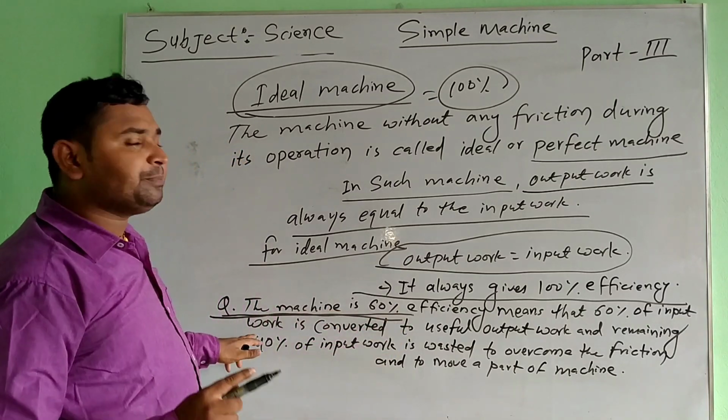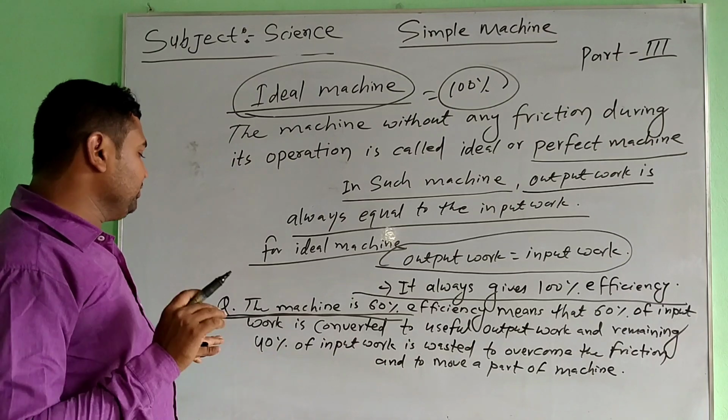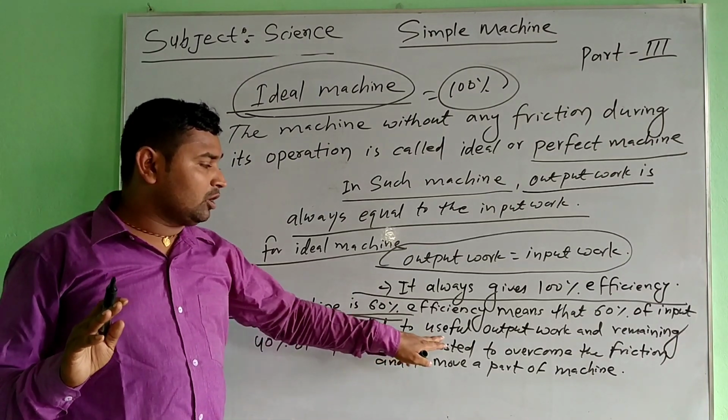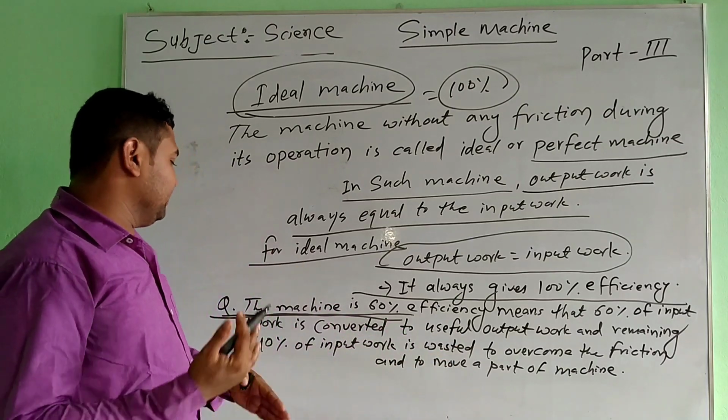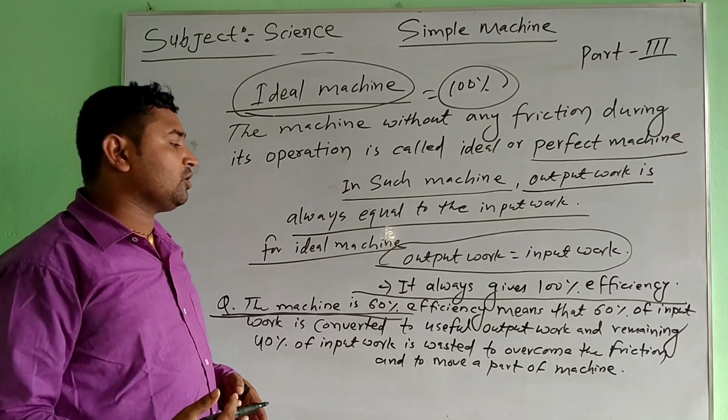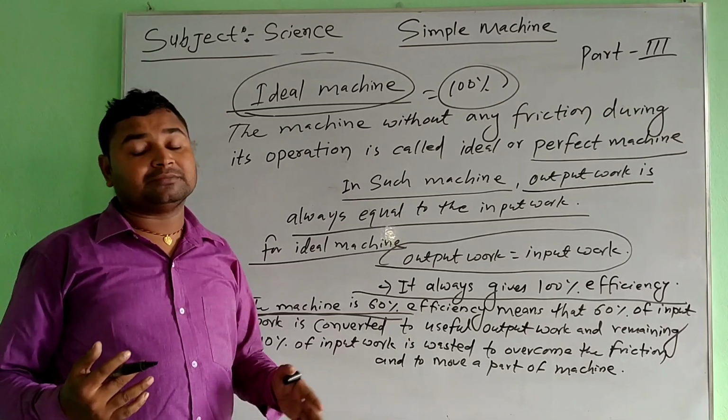It means that 60% of the input work is converted into useful output work, and the remaining 40% of input work is wasted in overcoming friction and moved to parts of the machine.